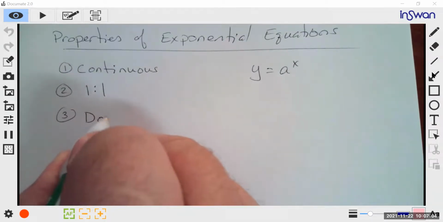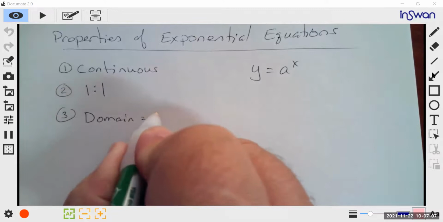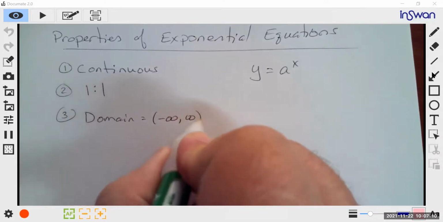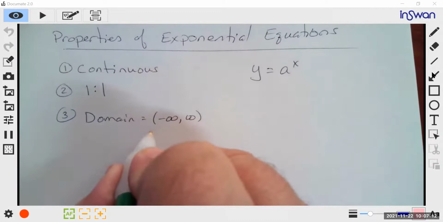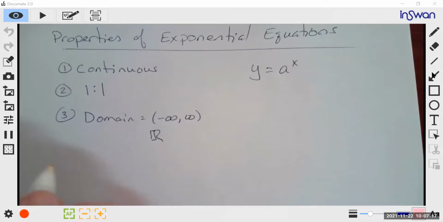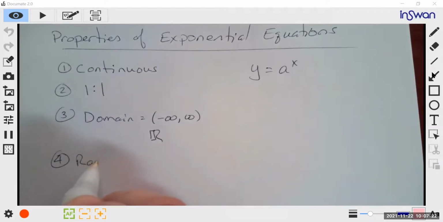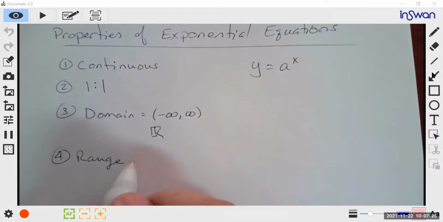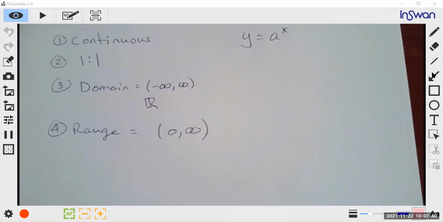The domain is all real numbers. The range, remember, you cannot get a negative answer with exponential equations. So there's no x-intercept.